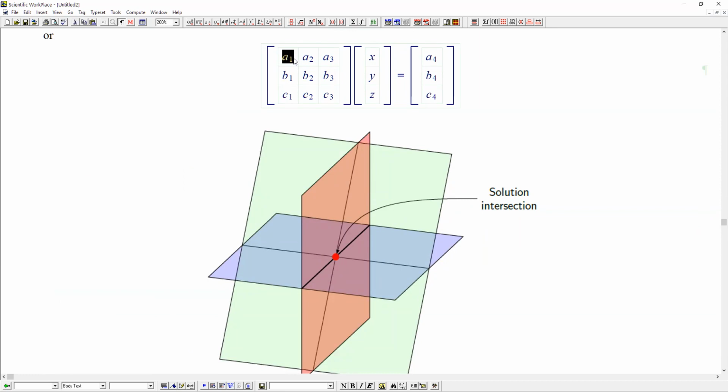I was saying like it's 3 by 3. It's A1 times the determinant of B2, B3, C2, C3 minus A2 times that matrix plus A3 times the last one. Yeah.